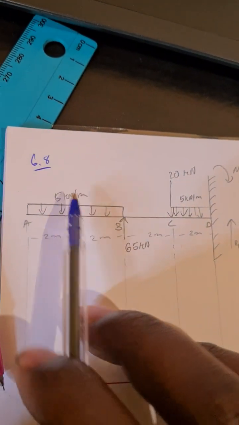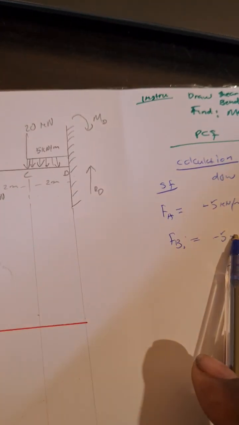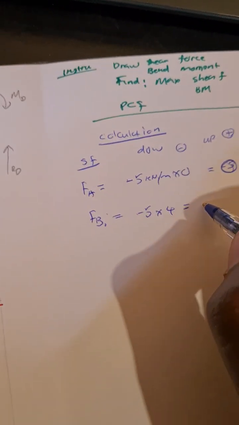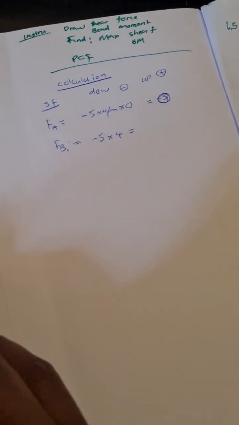Remember, this is a UDL, kilonewton per meter, times 5. So before you reach B, there's this force, which is 20, I think. So it's minus 20 kilonewton.